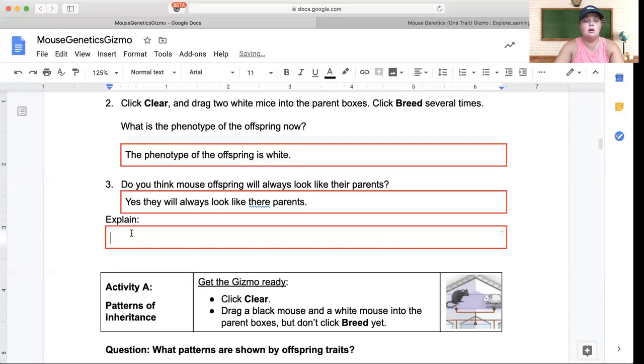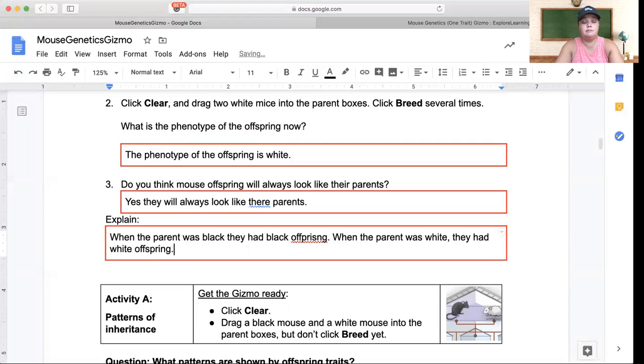And then down below, I might say, when the parent was black, they had black offspring. When the parent was white, they had white offspring.